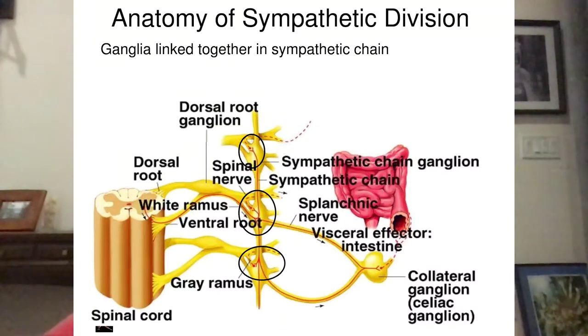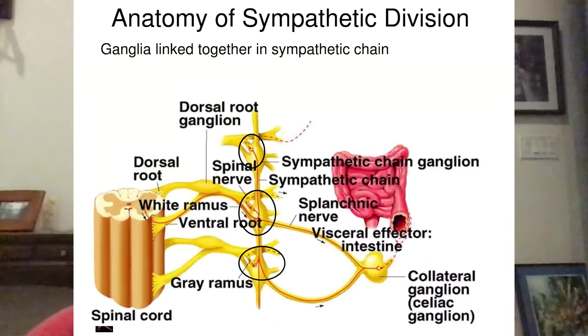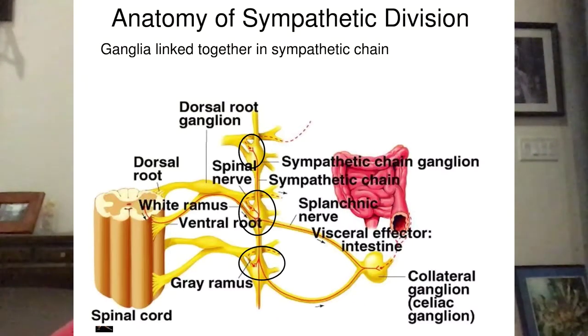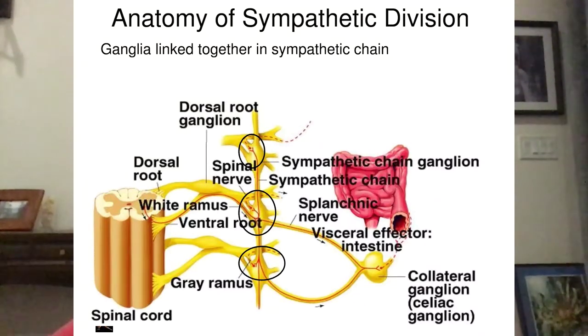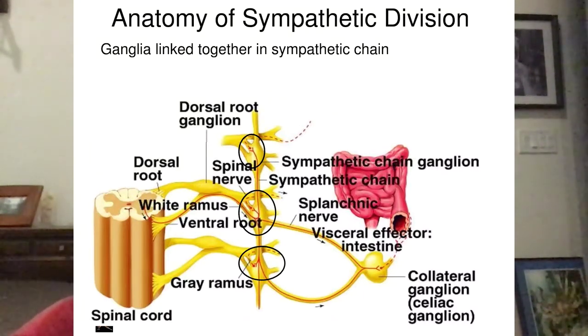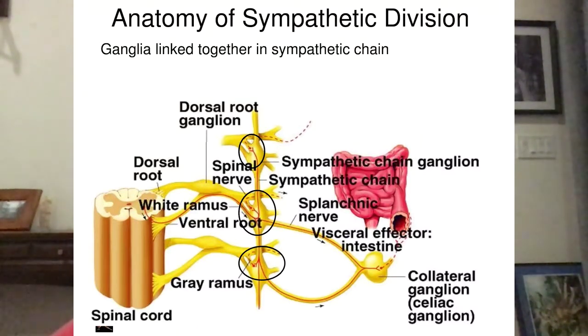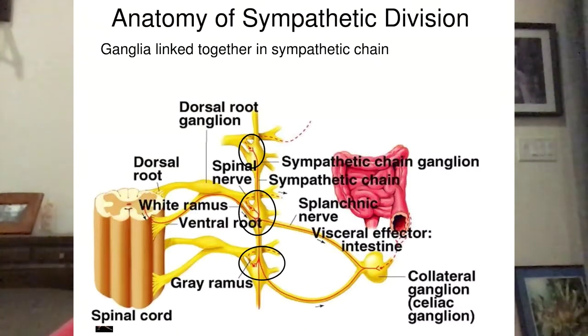You can also see way over to the right, kind of underneath the intestines, that collateral ganglion that's also attached. That structure is stretched out to the right, but it would actually fold inward and rest on the ventral side of the spinal cord within your abdominal cavity. So I'll show you that picture in just a minute.